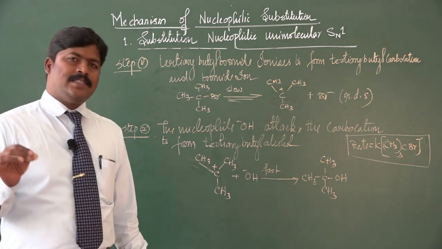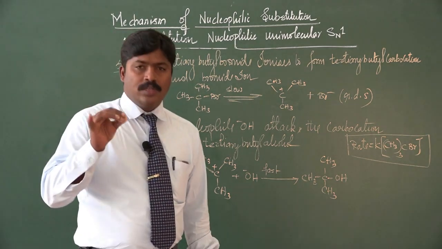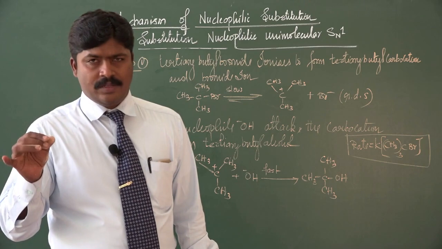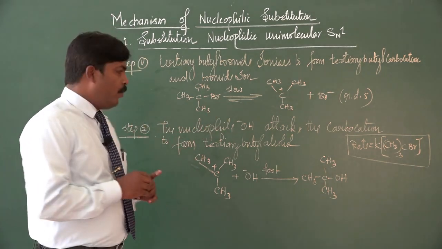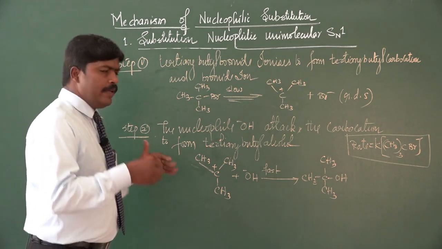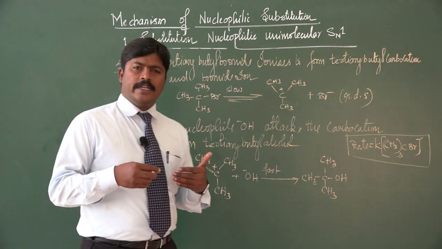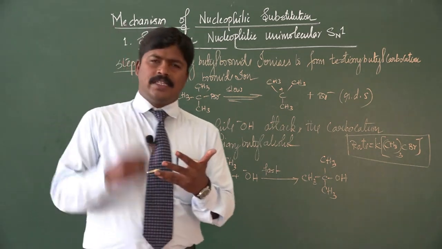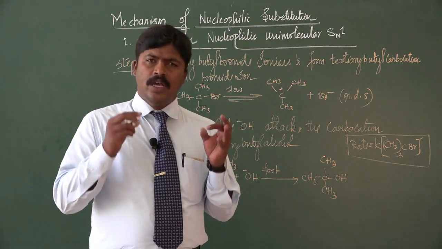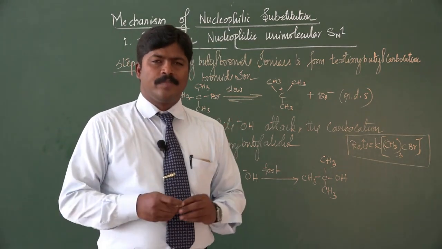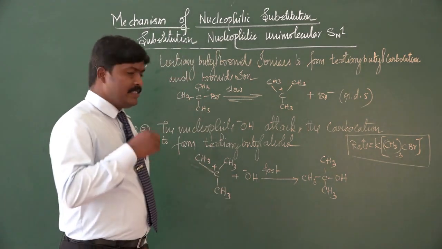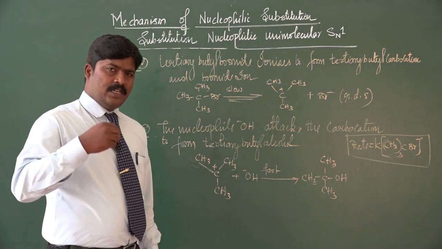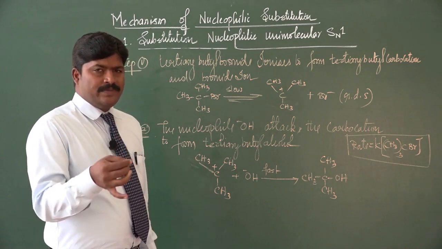For CET they will ask which is the slow step to decide the rate of a reaction. Then you can write the slow step as this first step. And what is the order of reactivity? Who will react faster? All the haloalkanes will react. Primary will react, secondary, tertiary also will react. But when we focus on SN1, the tertiary alkyl halide reacts faster than secondary, secondary reacts faster than primary, primary reacts faster than methyl.